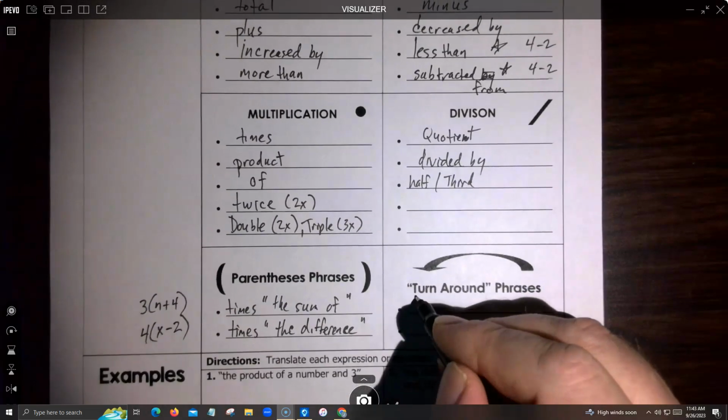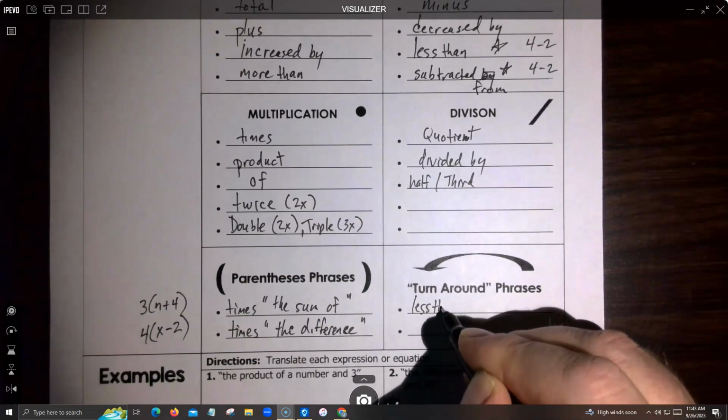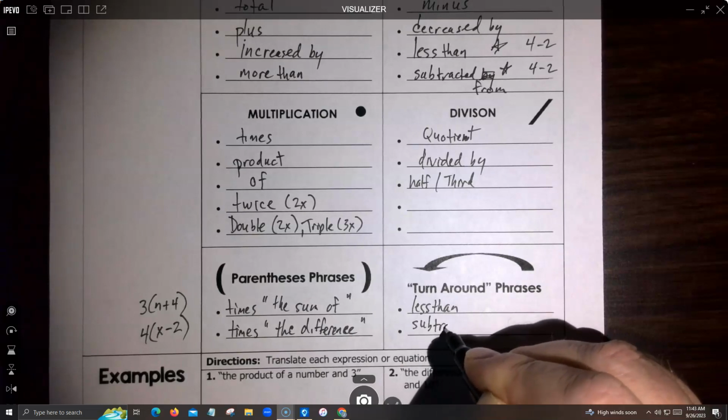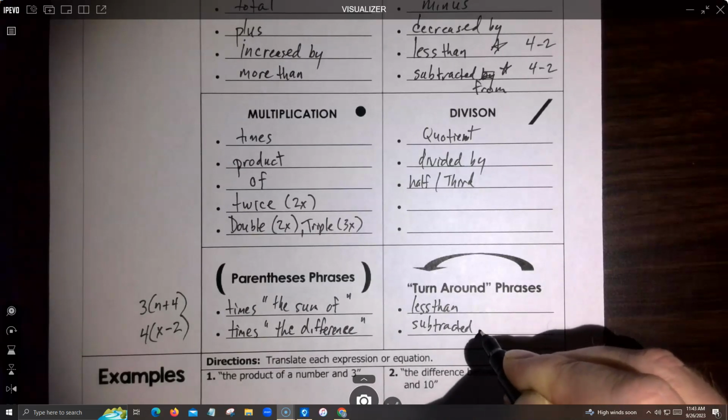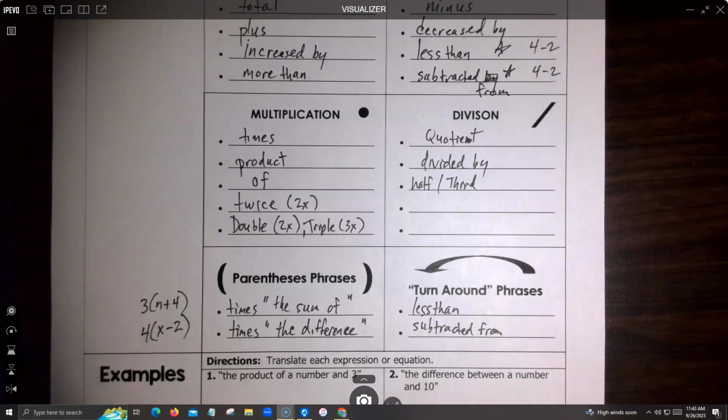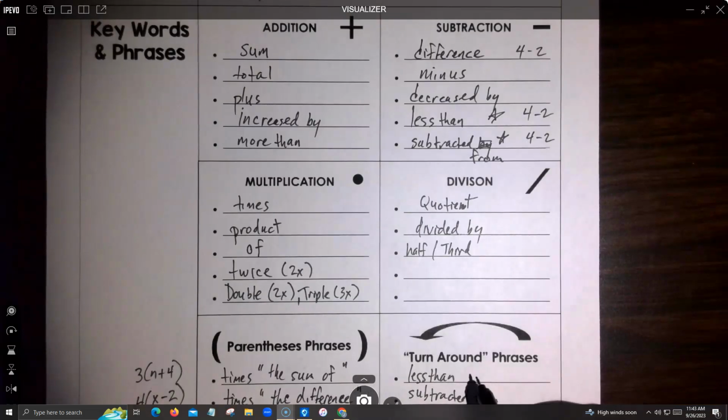Okay, so less than and subtracted from are turnaround phrases, because if I say, let's say I say 5 less than $20, what are you going to do?